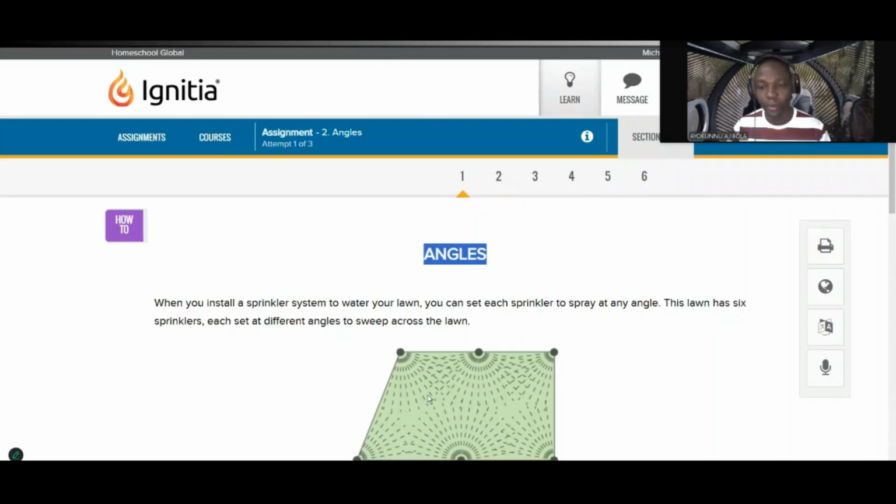So let's say this is the angle, and there are different types of angle to consider. As we move on, we are going to see.